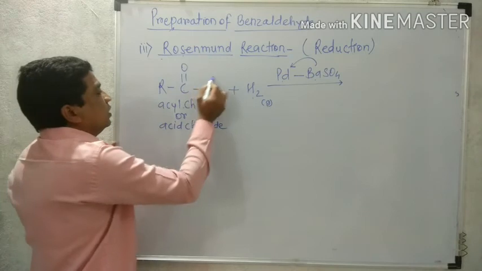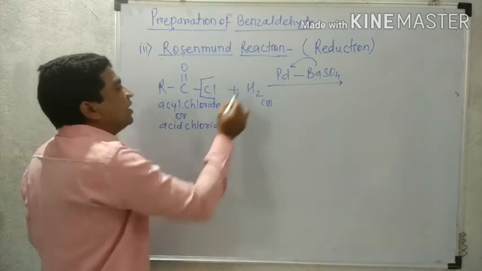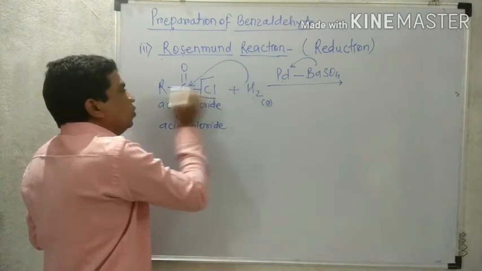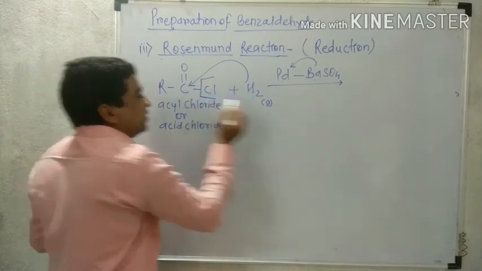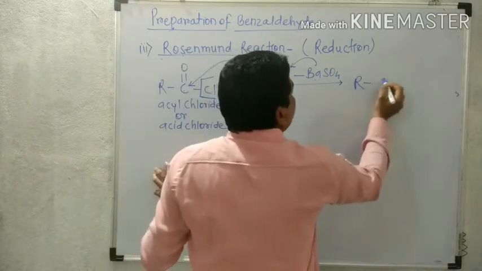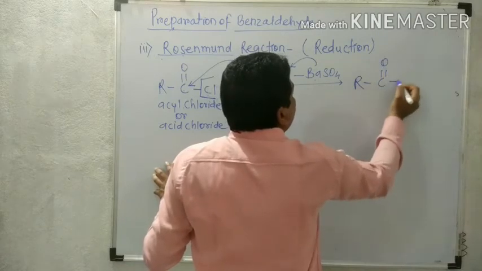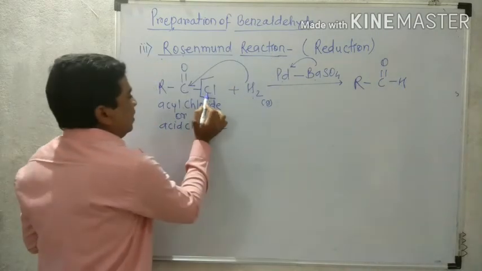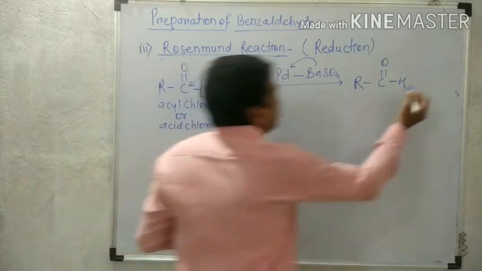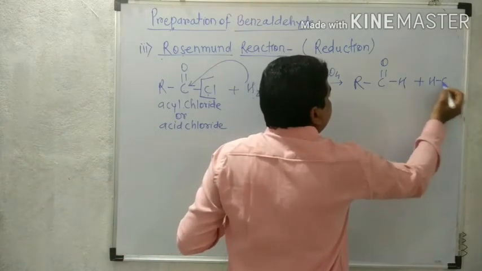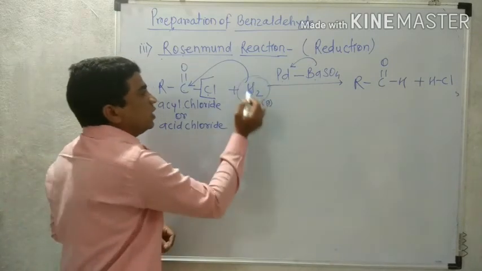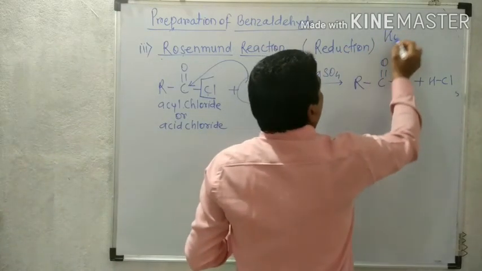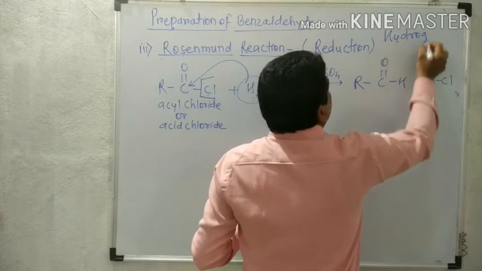Here the chlorine atom is removed and replaced by hydrogen. One hydrogen gets attached to this carbon in place of that Cl. Here we obtain RCOH, and the remaining Cl and remaining H form HCl. Due to the addition of a hydrogen molecule, this reaction is also called hydrogenation.